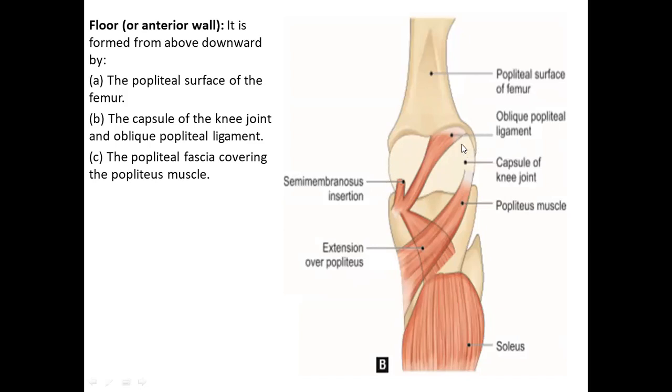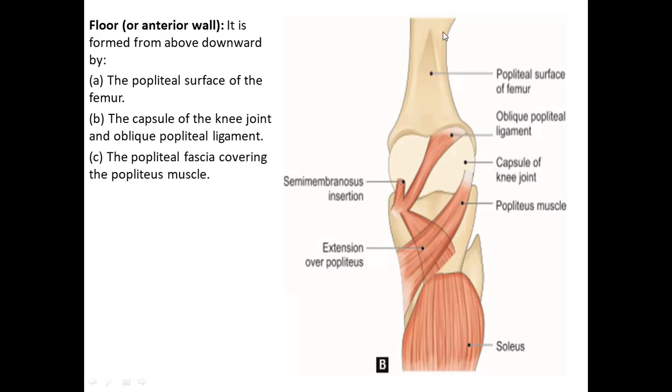And we have a ligament here, that is the oblique popliteal ligament, which I've already discussed in the previous class, that the semimembranosus insertion gives a projection upwards that forms the oblique popliteal ligament. Then we'll have the popliteal fascia that covers a very important muscle here, that is the popliteus muscle. So this is what forms the anterior wall or the floor of the fossa.